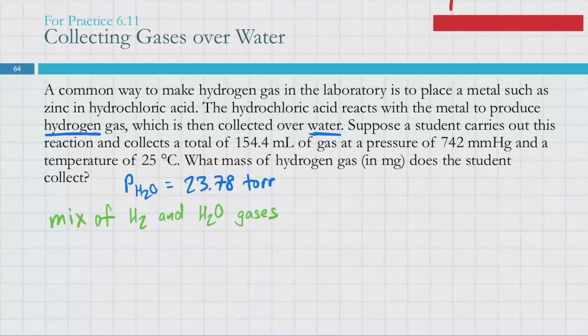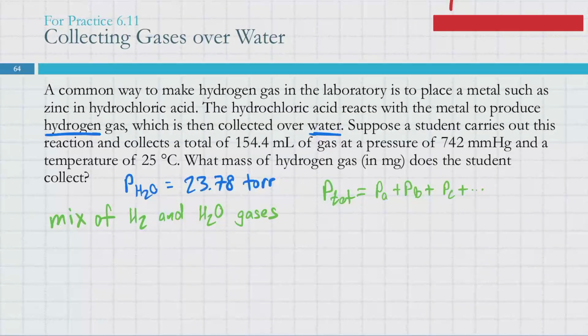And since we know the characteristics of water, we were able to look up for this temperature that at 25 degrees Celsius, the partial pressure of the water is 23.78 torr, or the vapor pressure of water is 23.78 torr. And we know Dalton's law of partial pressures. So P total equals pressure of component A plus pressure of component B plus pressure of component C, and so on and so forth until you run out of components.